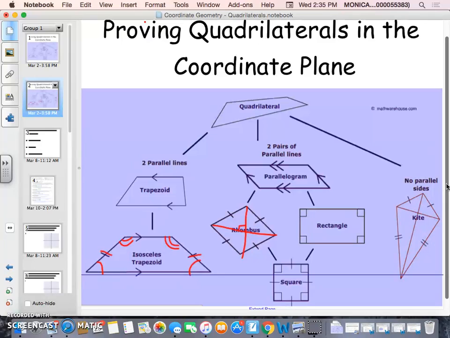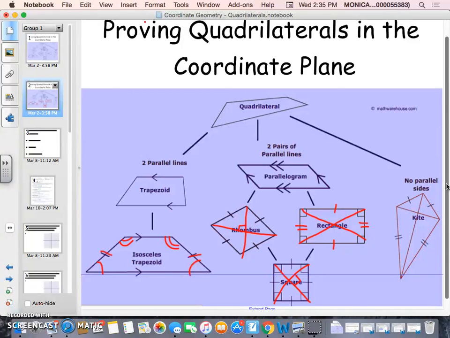A rectangle has opposite sides that are congruent, and the diagonals are also congruent to each other. And then lastly, we have a square, and a square has all the characteristics of a parallelogram: 90-degree angles, even sides, and the diagonals cross as well at a 90-degree angle.